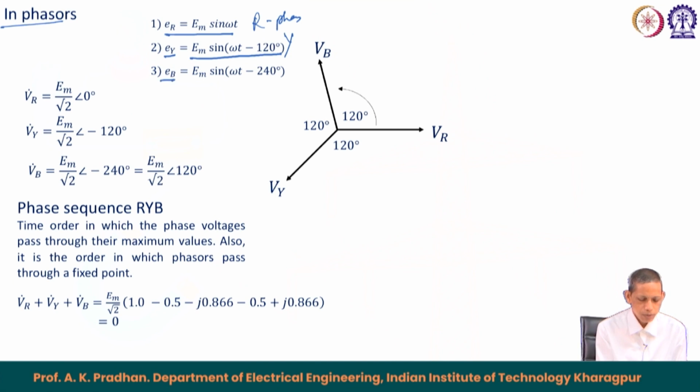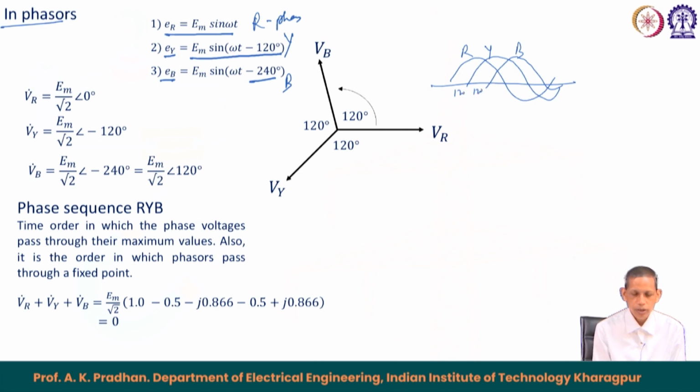The third one, the B phase or blue phase, lags the Y phase by another 120 degrees, so the B phase becomes E m sin (omega t minus 240 degrees). This is about the three waveforms we have seen in the earlier waveform diagram. Each one, R, Y and B, has 120 degree separation, and therefore between B and R we have 240 degrees of angular separation.